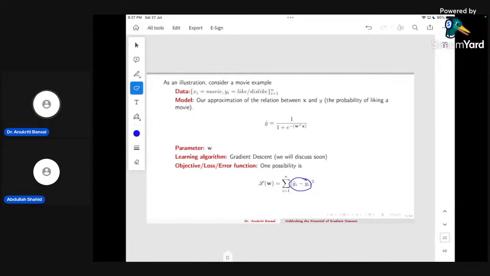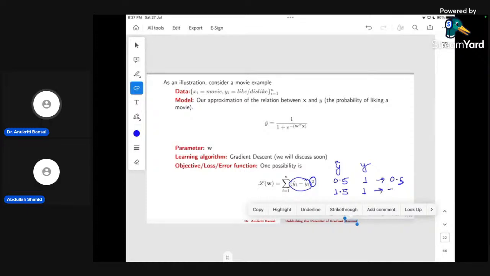possible. Okay. And there is one thing why we have taken this square. Suppose y hat, the one which our model has predicted, is 0.5. The original value of y was 1. So the difference would be 0.5. In another case, suppose I have 1.5 and y is again 1.